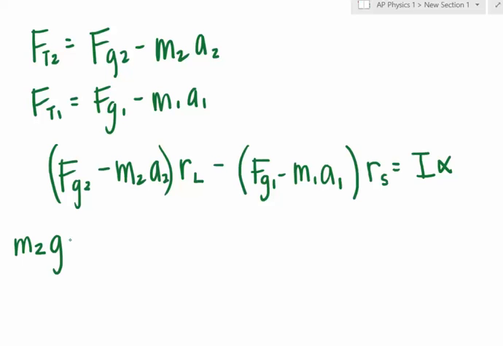M2G R large minus M2 A. A would be R large times alpha, so R large squared alpha. Minus M1G R small.